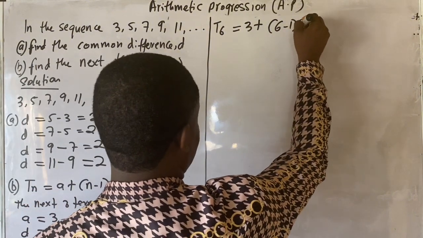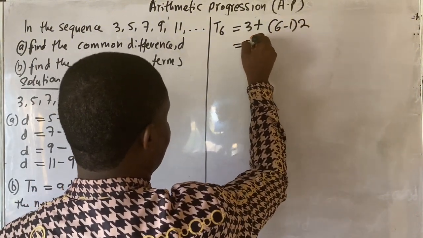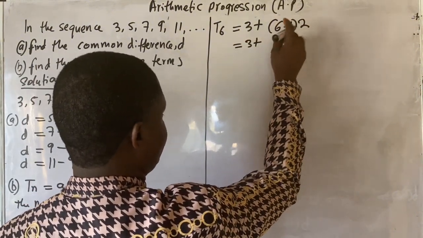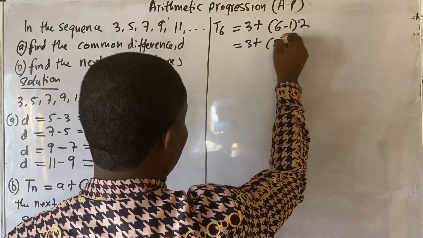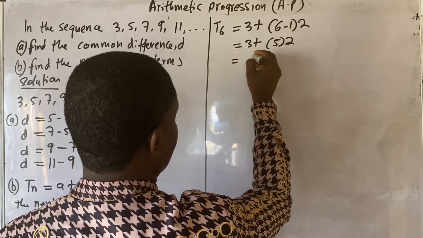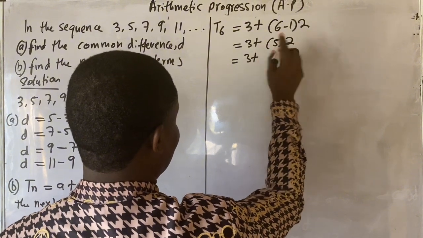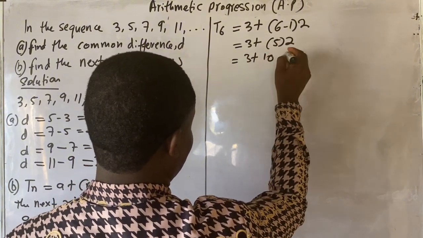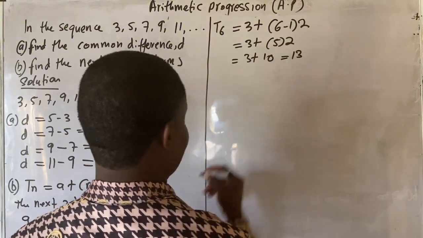So 3 plus 6 minus 1 is 5, times 2. 3 plus 5 times 2 is 10. So 3 plus 10 will give us 13.